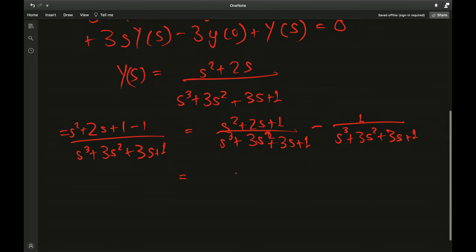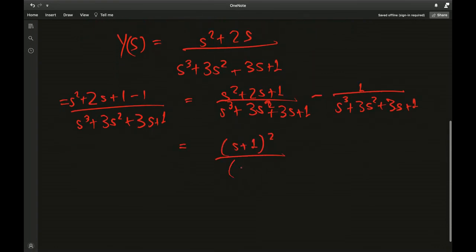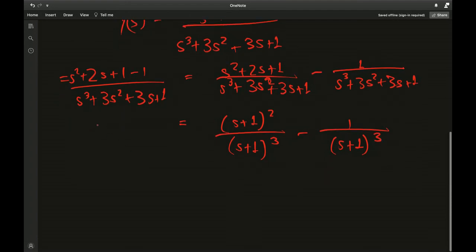Now notice the numerator is just s plus 1, the whole thing squared, over s plus 1, the whole thing cubed, minus 1 over s plus 1 cubed. That was our capital Y of s. Take the inverse Laplace now.